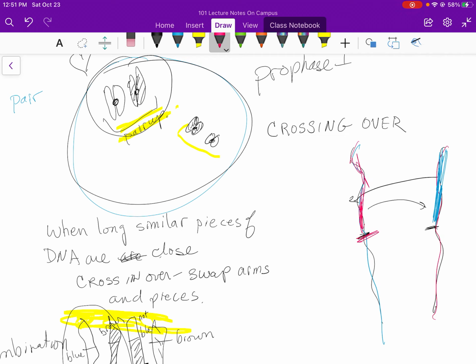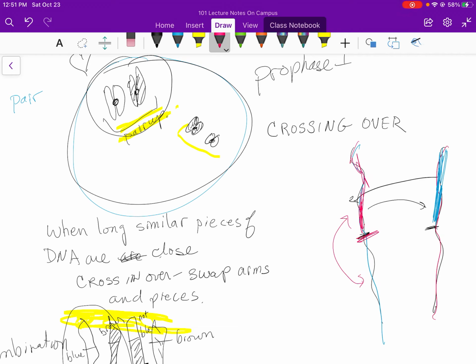As a result, this is called recombination, and it means allele combinations are recombined, right? Because now you've got this blue base with the red top, and you got this red base with the blue top. So you're recombining alleles like eye color and thumb shape and hair color. They are in new combinations.